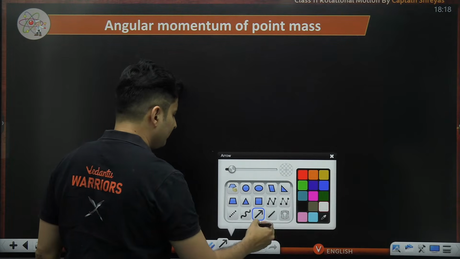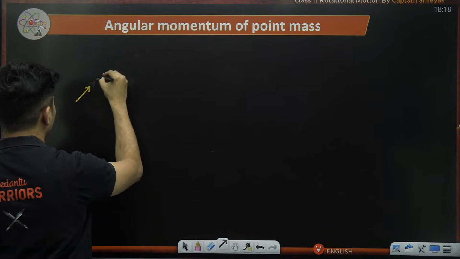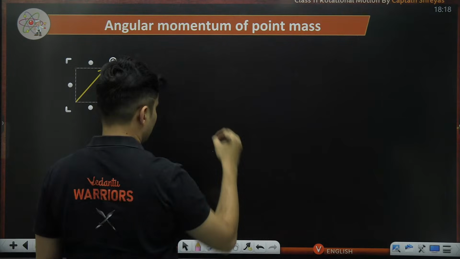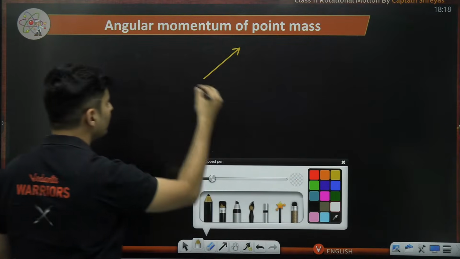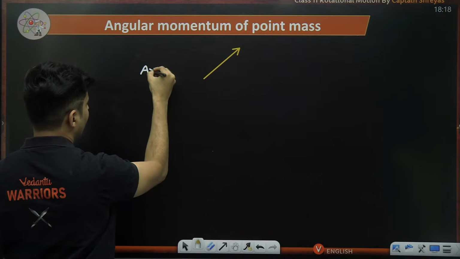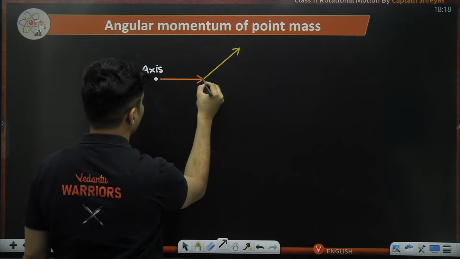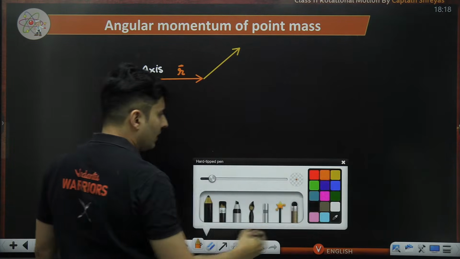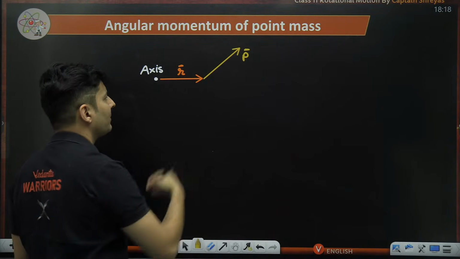Say for example, this is your velocity, and let's say from the top view, this is basically your axis, and let's say this is your position vector. This is your velocity vector. You can also call it momentum vector, one and the same thing.